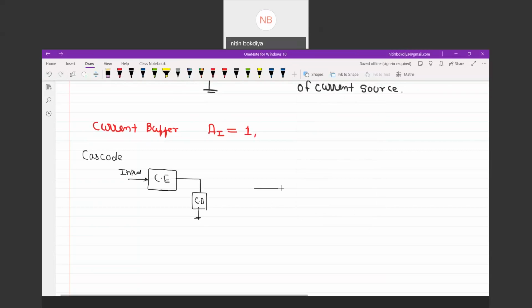This is our common emitter circuit. Then we have the common emitter, and then one collector terminal.